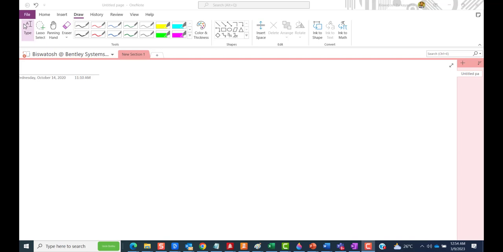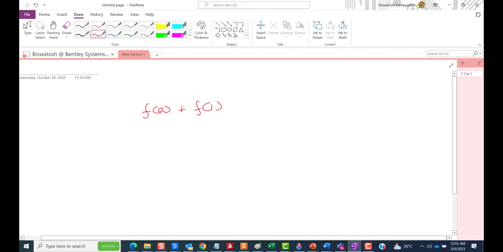Now, to explain it in the most simplified way, I will just write this expression so that you can easily understand what we are into. For example, there is an individual function called fA, and there is another function called fB.